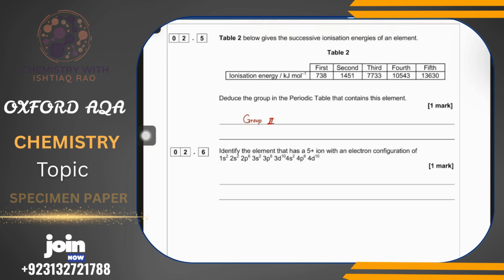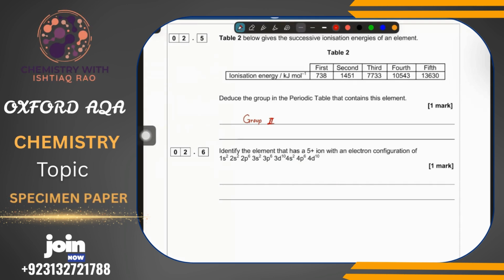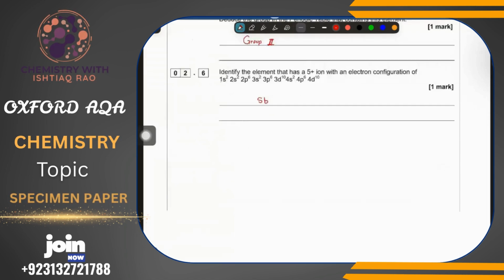This is 10, so it's the one before tellurium, 51, so antimony, I think. 46 plus 5 is 51. 51 is antimony. The symbol is Sb, right? I think yeah.